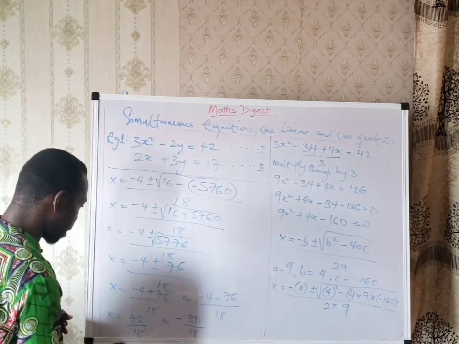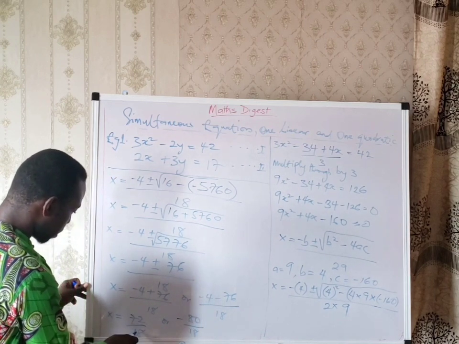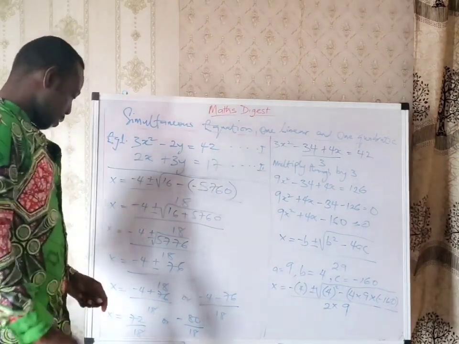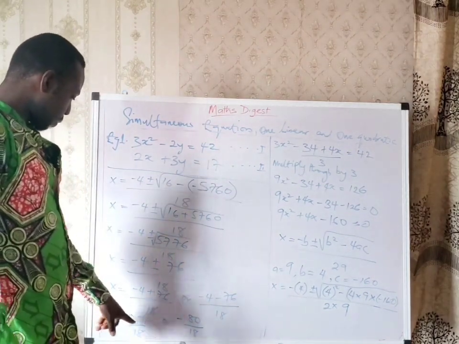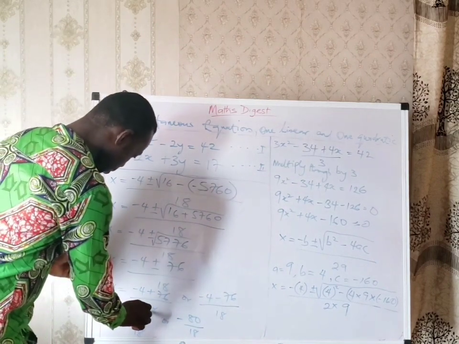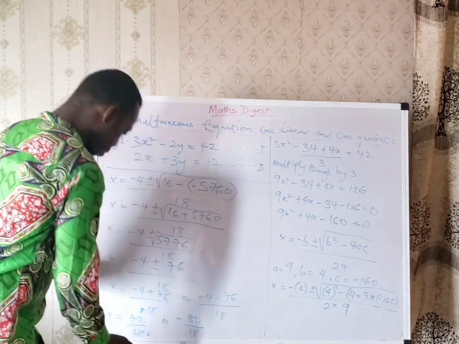With this now we have that. We divide these two. 9 can divide here. If 9 divides here, we have 8. 9 divides here, we have 2.